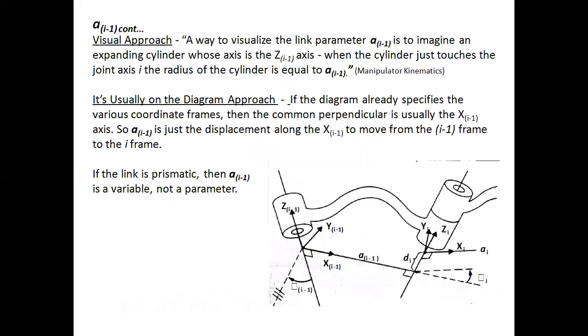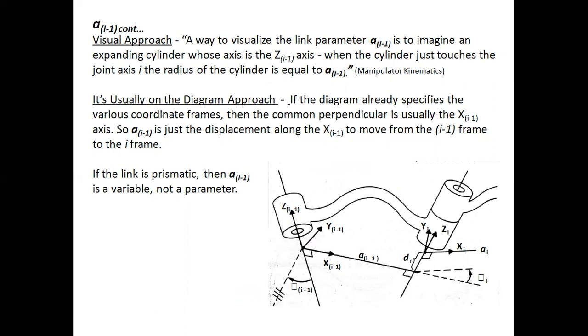For a visualization approach, imagine an expanding cylinder whose axis is the Z(i-1) axis, and the cylinder just touches the joint axis. The radius of the cylinder is equal to a(i-1). In the diagram, which specifies the various coordinate frames, the common perpendicular is usually the x(i-1) axis.